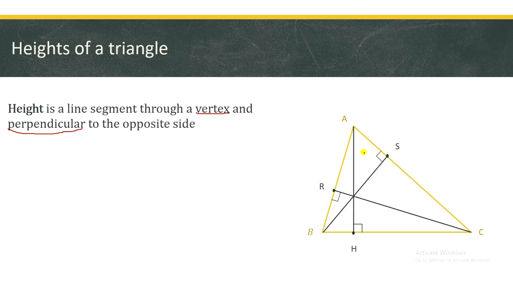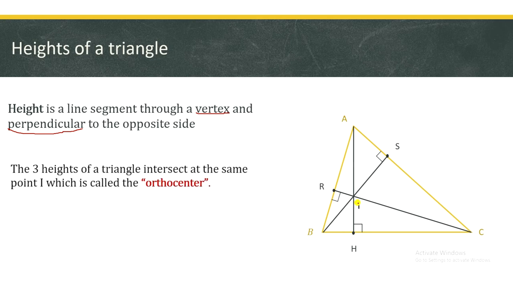To draw the height, use the set square on the opposite side and draw a line perpendicular to the opposite side passing through the vertex. We notice that the three heights intersect at the same point I, which is called the orthocenter.